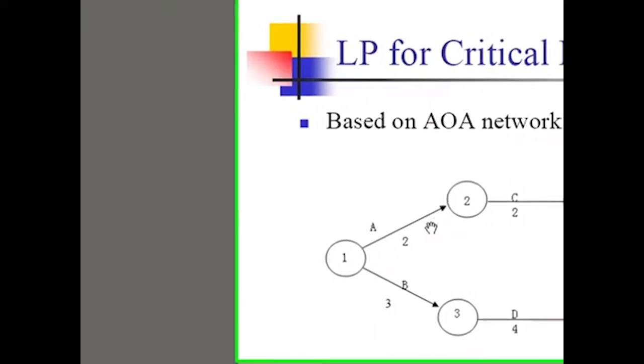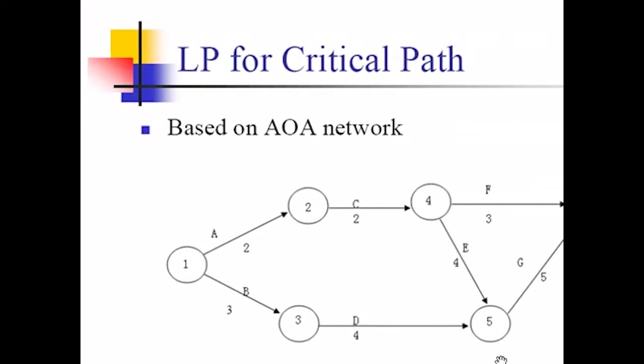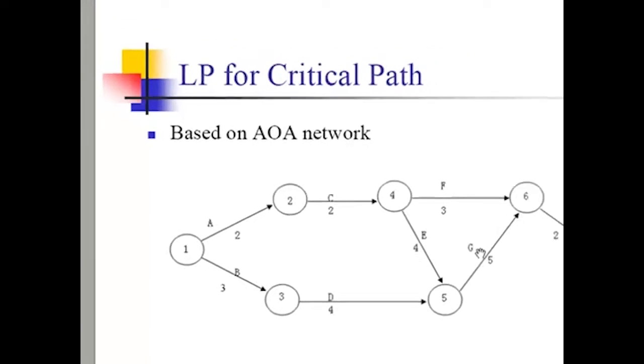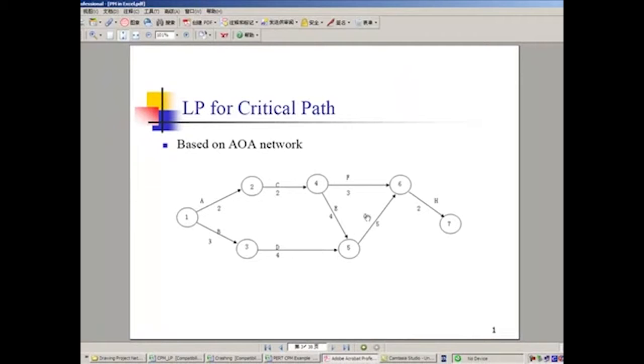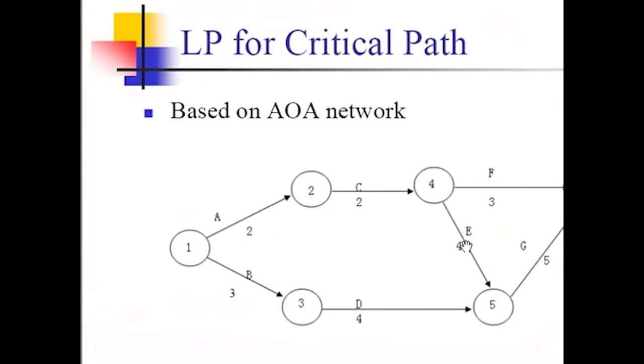The arrows show the directions and the relationships. For example here, we see there are two arcs pointing into node 5, and node 5 is the starting node for activity G. In this case, it means that activity G can only be started after both activity E and D are finished.